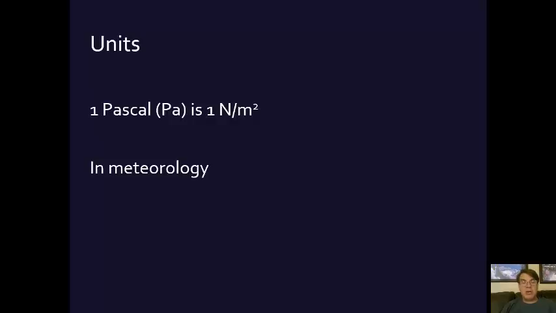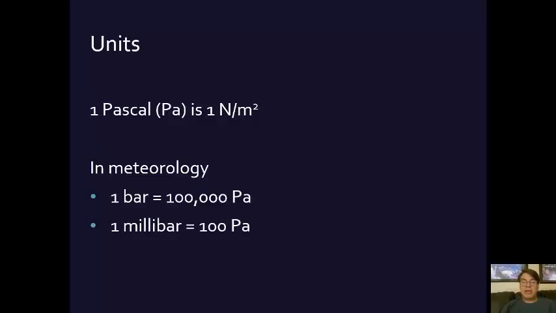In meteorology, weather discussion, we talk about a bar or a millibar. 1 bar of pressure is basically 10 to the 5th power pascals, 100,000 pascals. So a millibar is going to be 1/1000th of that, 100 pascals.